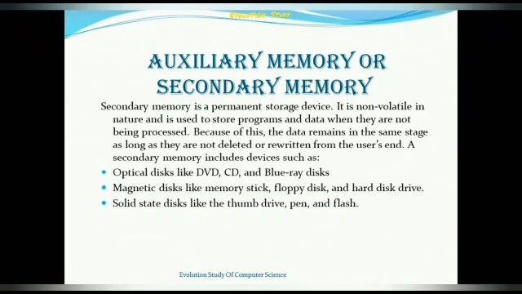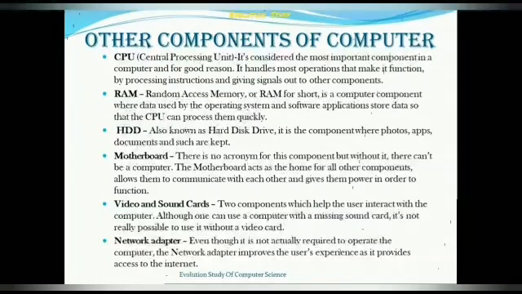Secondary memory includes devices such as optical disc like DVD, CD and Blu-ray disc, magnetic disc like memory stick, floppy disk and the hard disk drive, solid state disk like the thumb drive, pen and the flash.